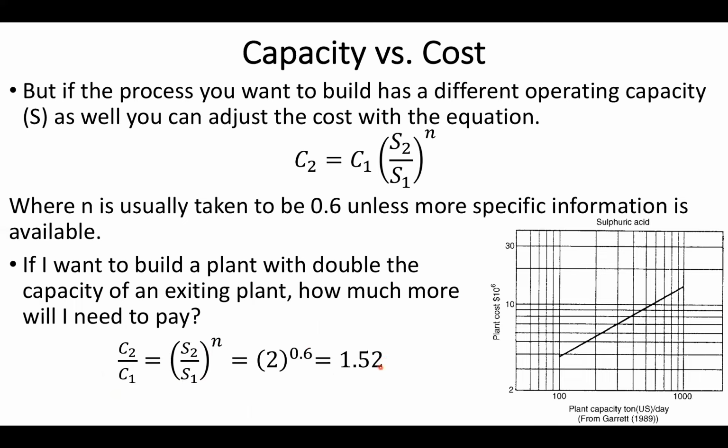And this turns out to be one of the reasons why a lot of chemical plants tend to go big or go home. So as long as there's going to be a sufficient market for the chemical that you're producing, you may as well build a larger capacity.